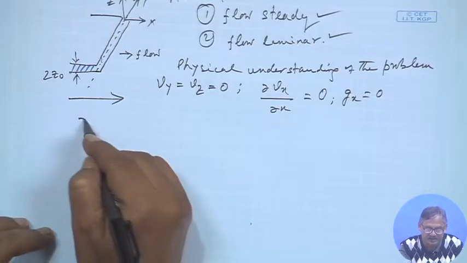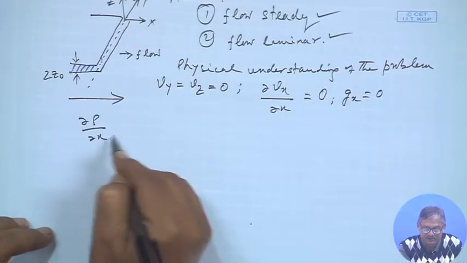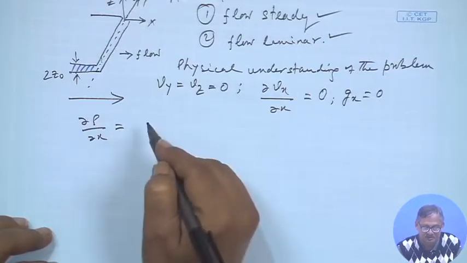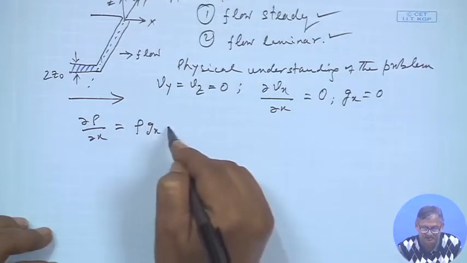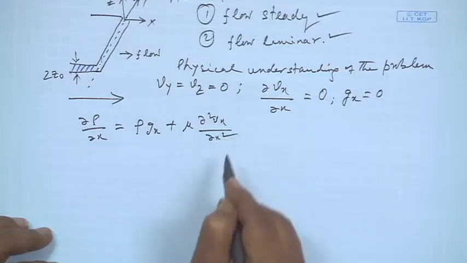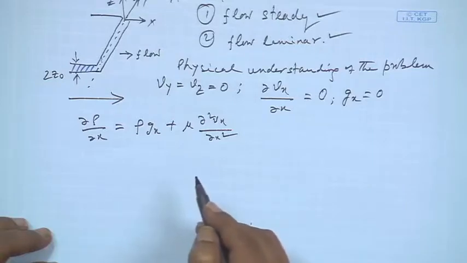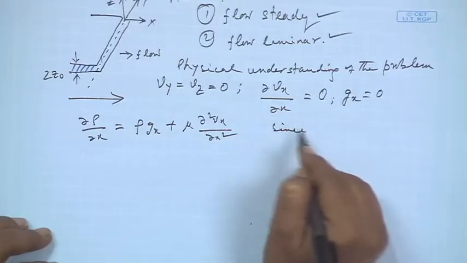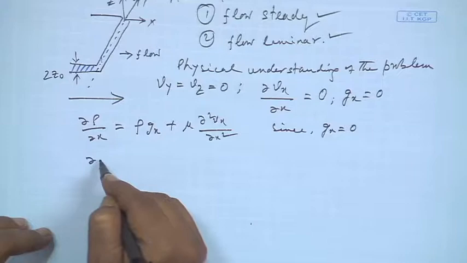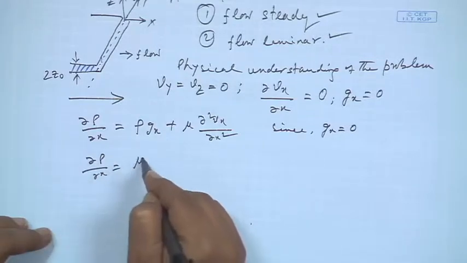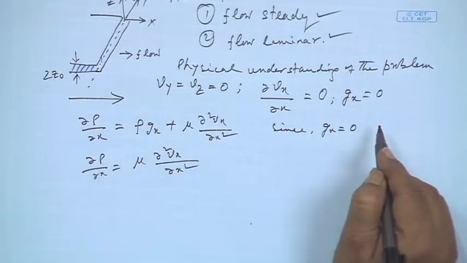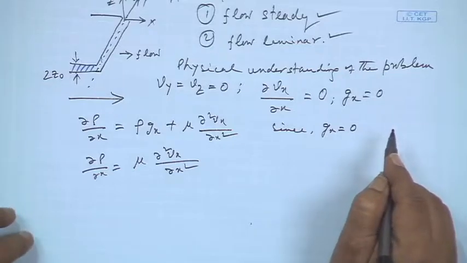So, we can write del p del x is equal to rho Gx plus mu del 2 Vx del x square, right. And since Gx is equal to 0, we can write del p del x is equal to mu del 2 Vx del x square, because Gx we have assumed to be 0, right.